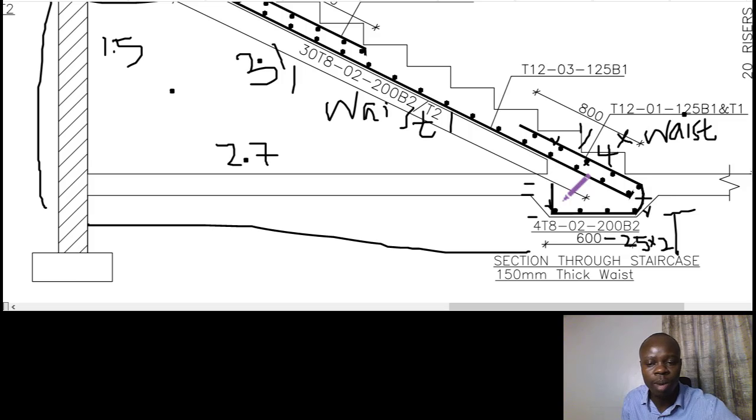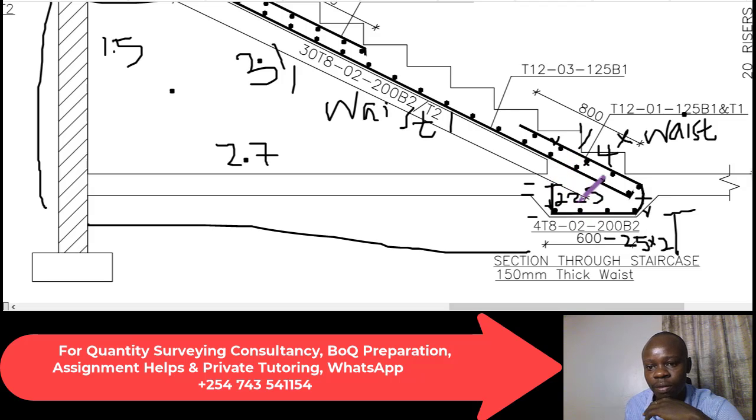The thicknessing is normally about 150 as well. So we take 150 from the bottom to the top, and then we add half of the slab, which is 75. That gives us 225 millimeters: 150 for the thicknessing down here, and half of the slab, half of 150, giving us 75.